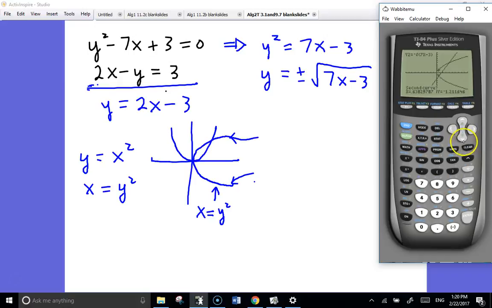So hit enter. Now it's got the linear y3 in the top left corner, so I'm okay with that, and I hit enter. If you're okay with the two selections you just made, hit enter, and it should find the top intersection point. There we go, 4, 5. So we got 4, 5.